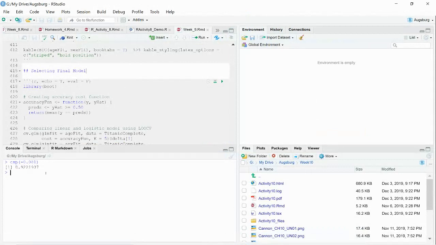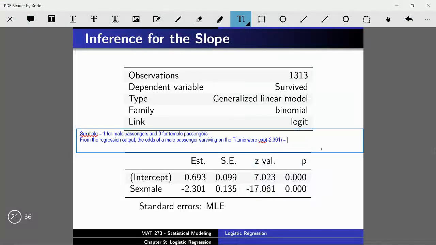We'll use R again to calculate what that is. So the odds of a male passenger surviving on the Titanic were about 0.1 times the odds of a female surviving. So that's the odds.